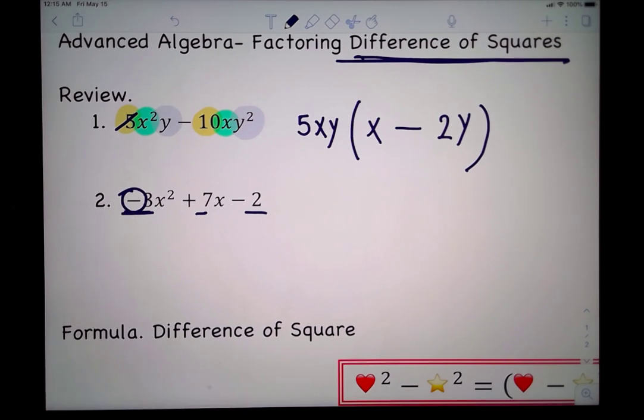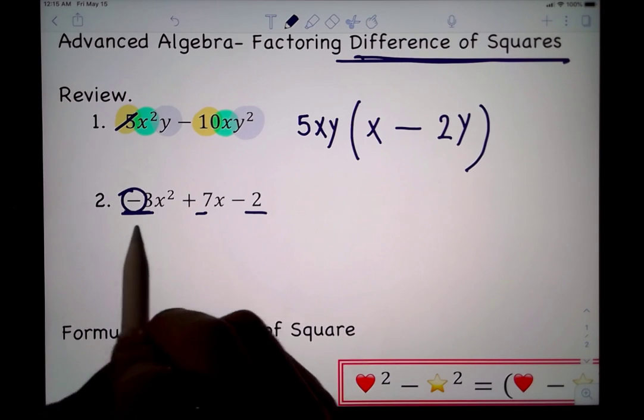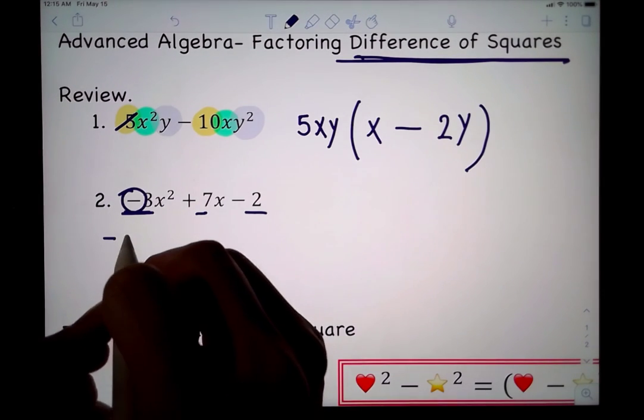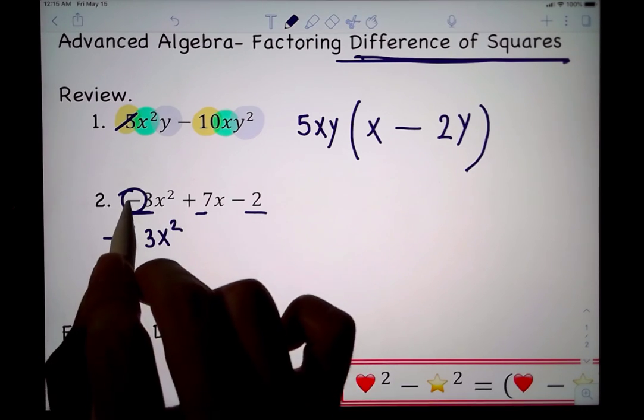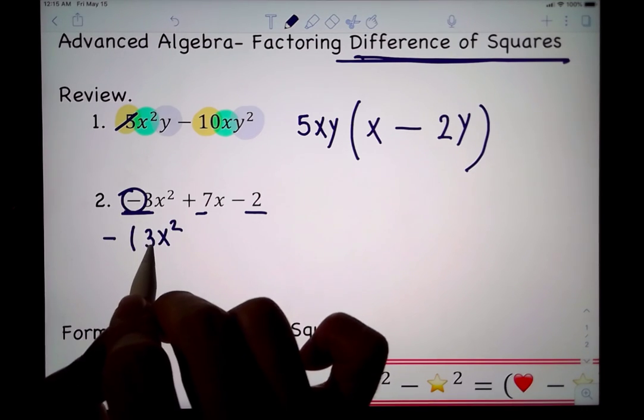You know what, guys? After this, when we do quadratic equations and quadratic functions, anytime you see a negative sign, we factor by negative. So for this, I'm going to factor by negative. All you need to do is change the sign. That was negative, you took out negative, so it's positive inside.